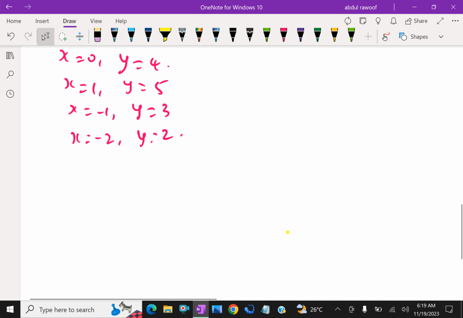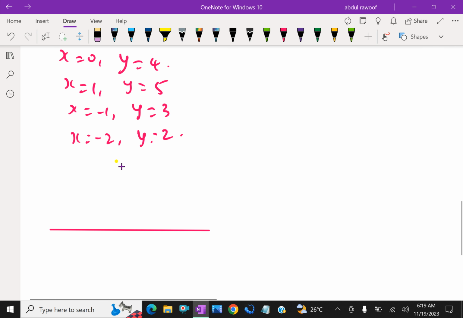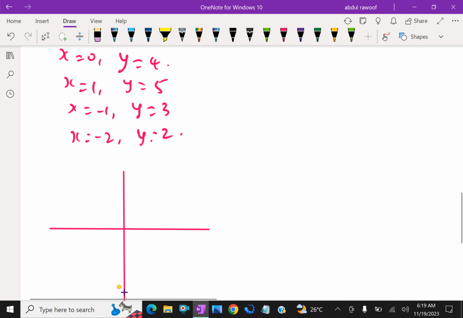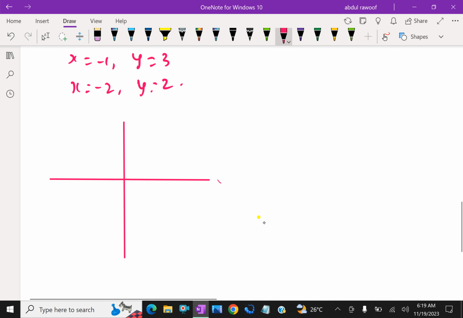Here, we can relate these points on a graph. Look here. This is positive x, negative x, positive y, negative y.